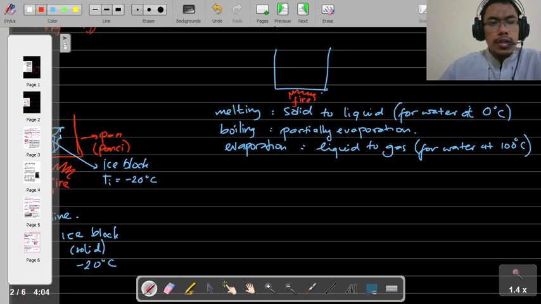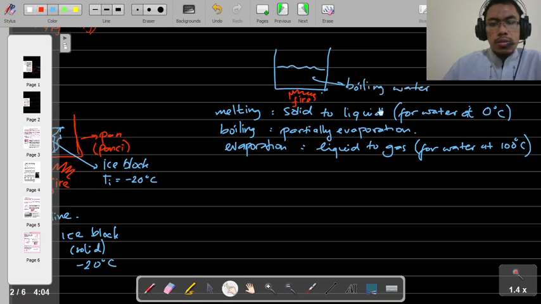Then the water will be boiled here, or boiling water. So boiling water is a process of partial evaporation, because not all of this water transforms into gas.